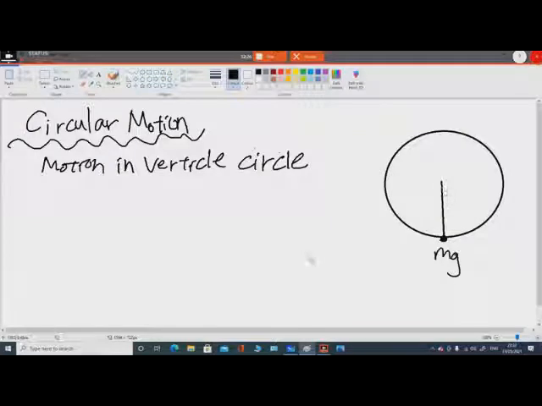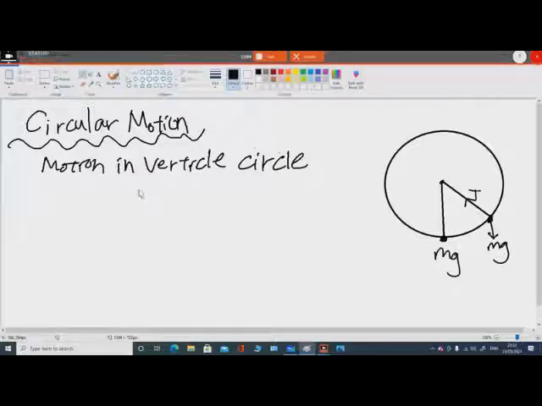Let me draw another circle here, another line here. So this is my mg. These two objects are basically the same. This will produce tension. So this is the center of the circle, and the string will produce tension here.